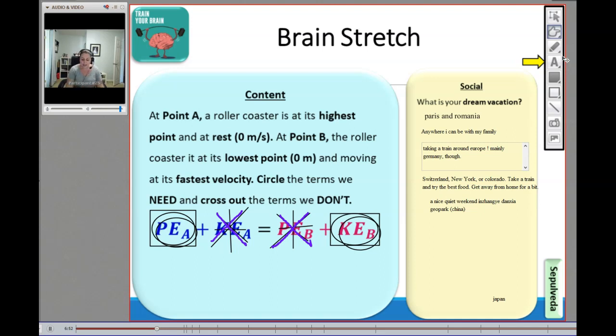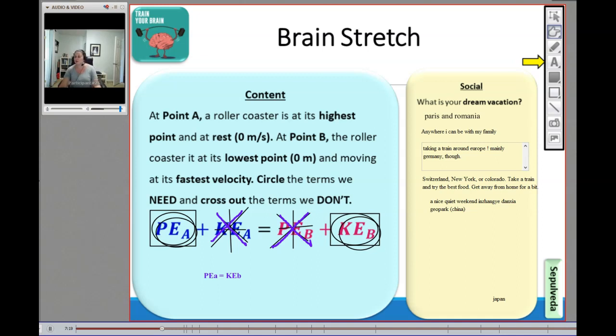Potential energy for point A equaling kinetic energy for point B. Okay, so what that's telling me is that my potential energy is then transferred to my kinetic energy as the roller coaster goes down the hill. So with that being said, keep this in mind because we will be working with these numbers a little bit later.